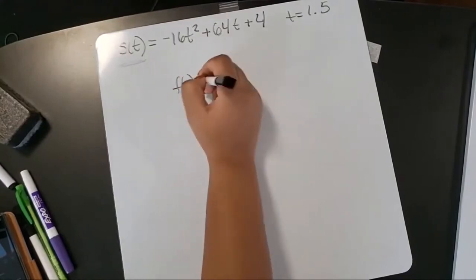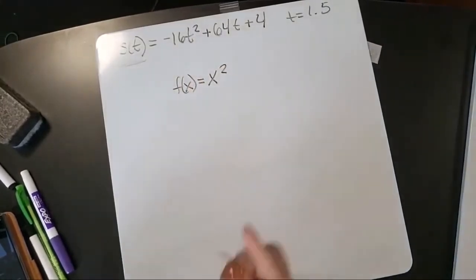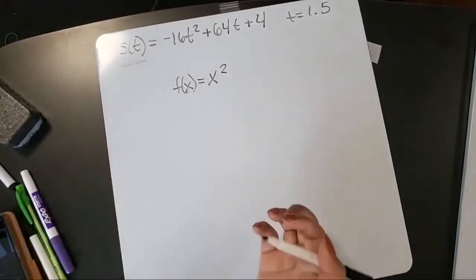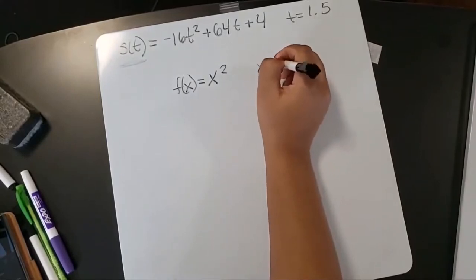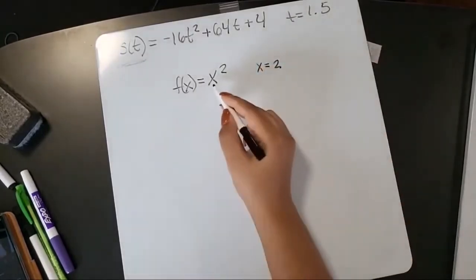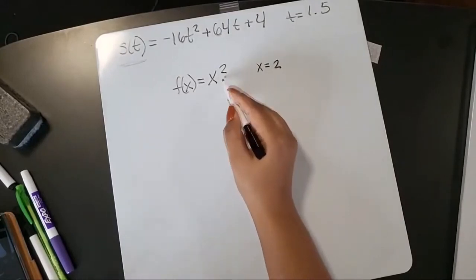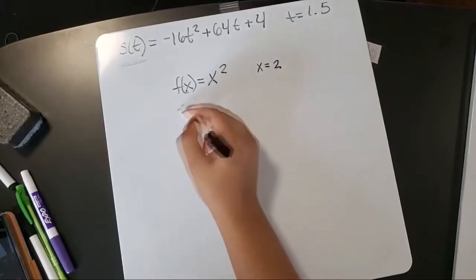So let's take a step back. Let's look at f of x equals x squared. Okay, so this is a basic function. If I tell you that x equals, let's say 2. If I say evaluate f of x equals x squared for x equals 2, all you have to do is plug the 2 in.